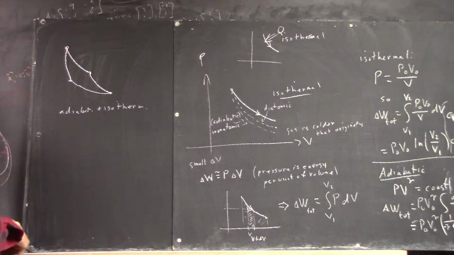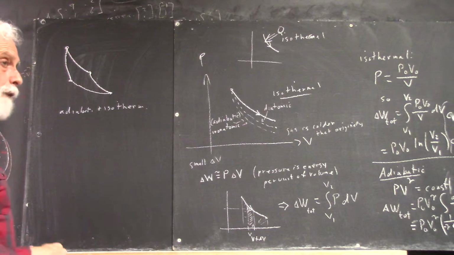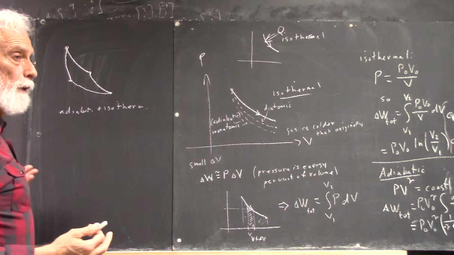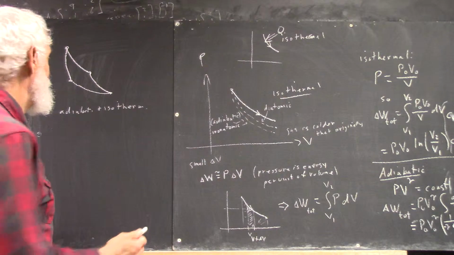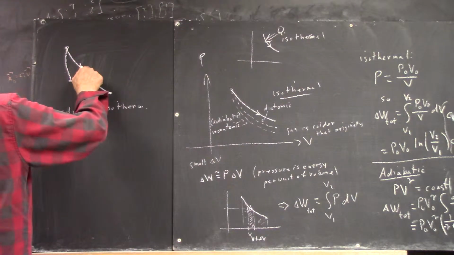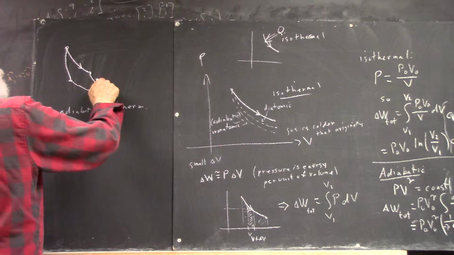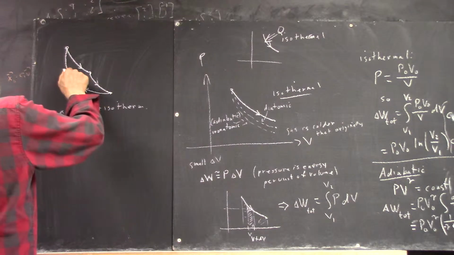Where do we have heat going in and where do we have heat going out? First place, what direction do you want to go around this cycle? Clockwise. Yeah, I want to go clockwise because that way the total area enclosed in this thing is positive.